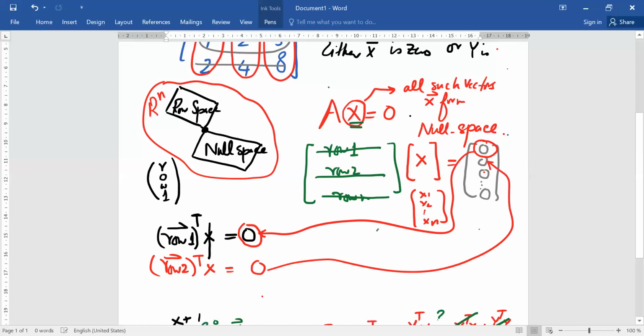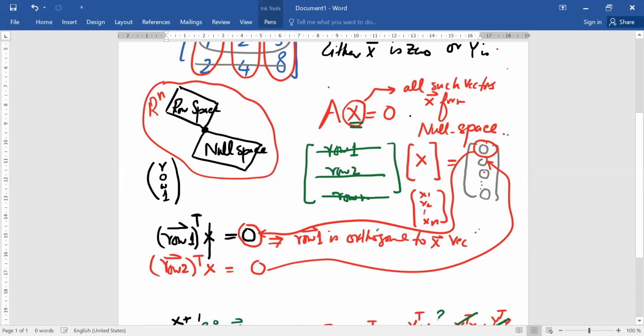You will have M zeros and M of these. From here you can see very clearly that if a row vector transposed with X gives you 0, that implies row 1 vector is orthogonal to X vector.